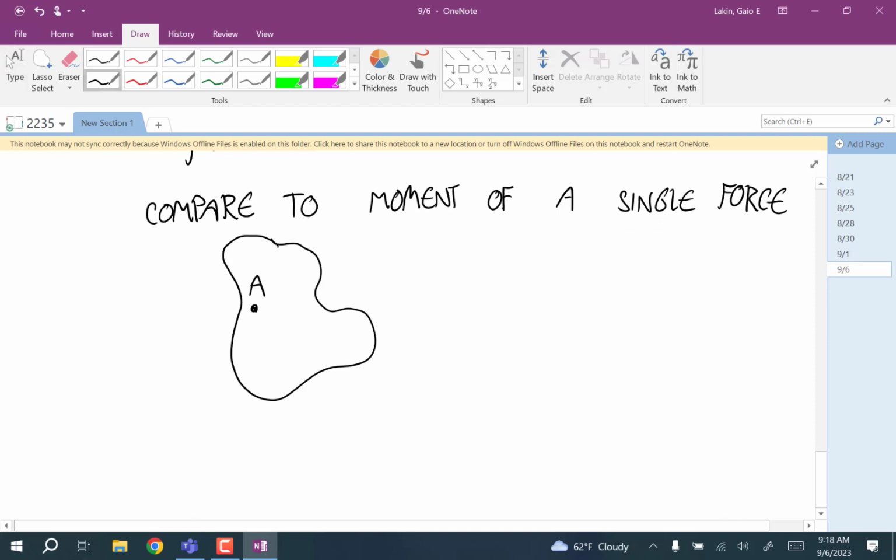Here's the about point. Here's the point P. And this vector, I'm just drawing that vector in there to represent F. Okay.